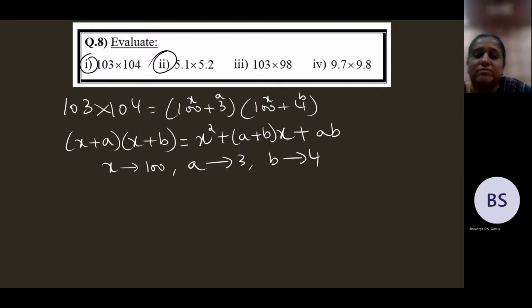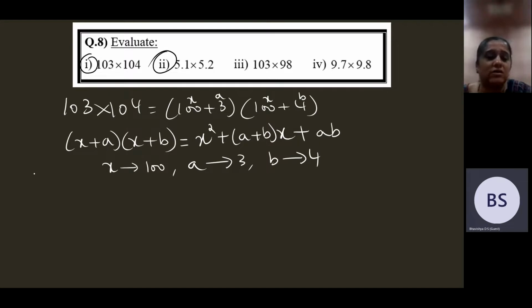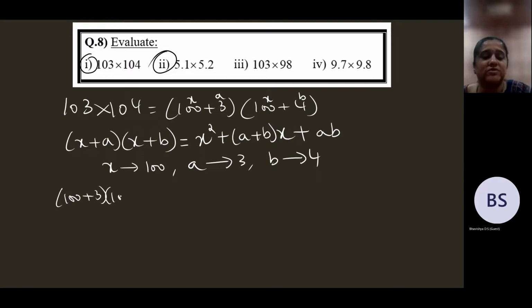I just assume you have some problem with the mic and that's why you're not able to answer. Okay, I hope you understand this. Yes, ma'am. So 100 plus 3, 100 plus 4, this is x plus a into x plus b, which is equal to x squared, 100 squared, plus a plus b of x, plus ab, 3 into 4.